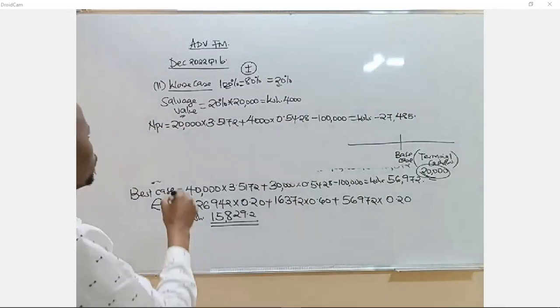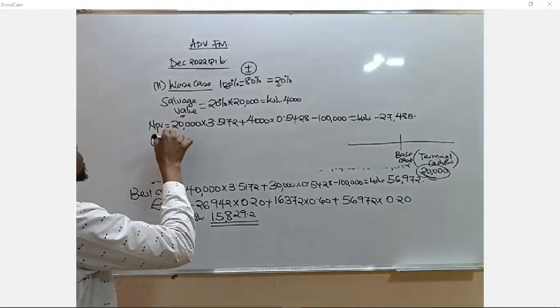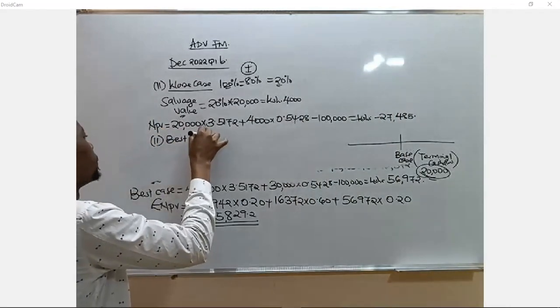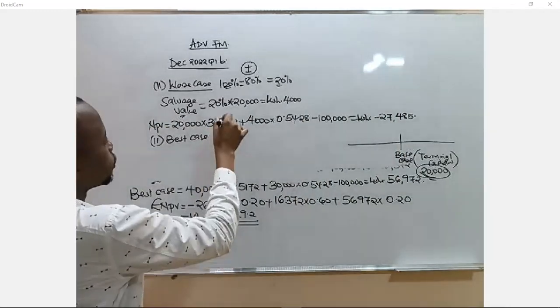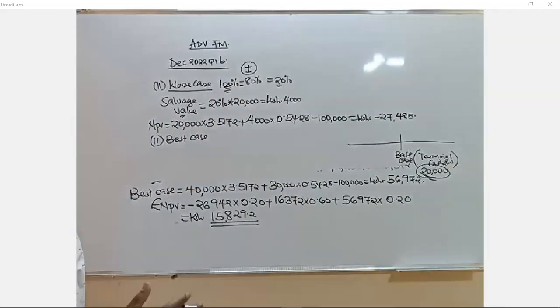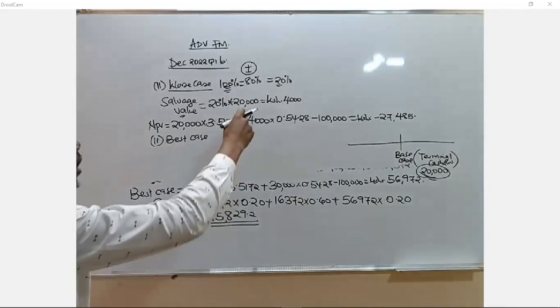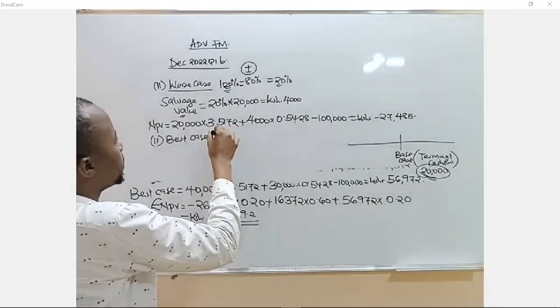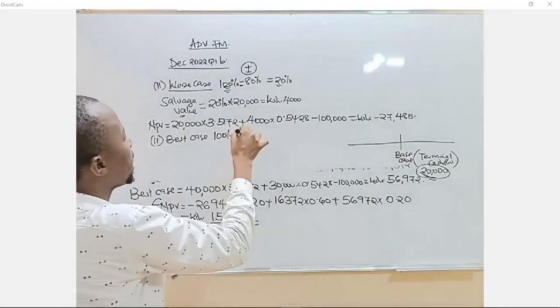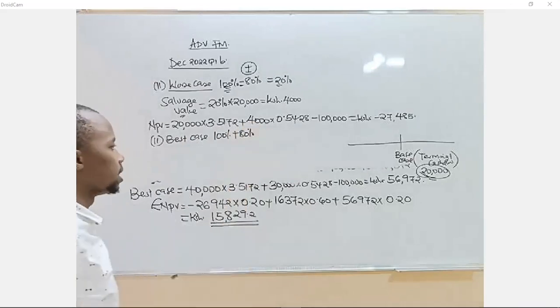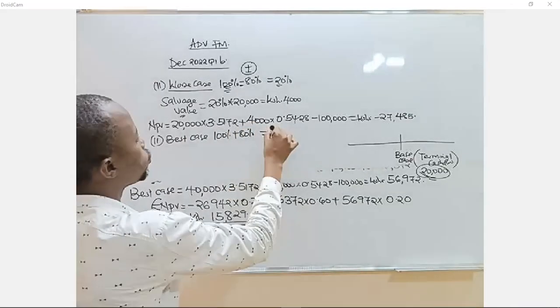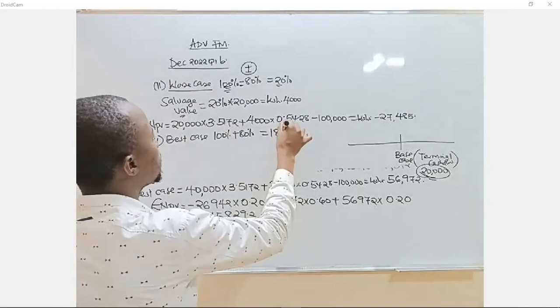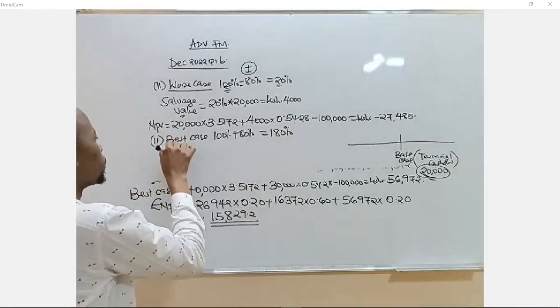So ukienda bado ufanye best case. Angalia hapa vizuri. Best case utachukua bado ile 100 because umeambiwa negative, positive, negative ushafanya. So for the best case it will be 100% plus 80%. That is the best case. So it will be equivalent to 180%. Calculate the salvage value for the best case.